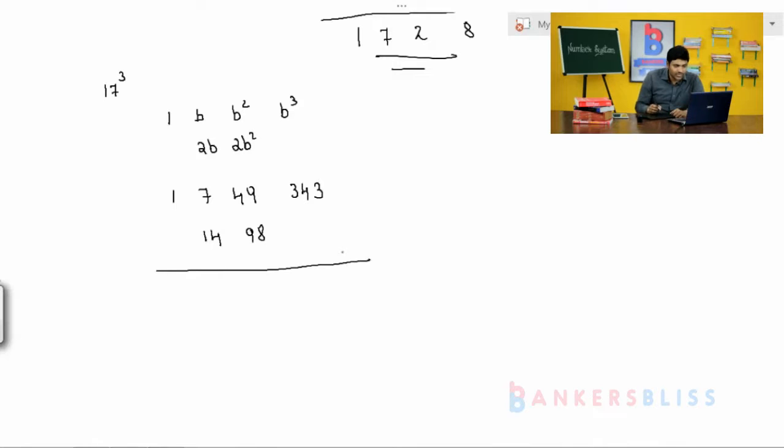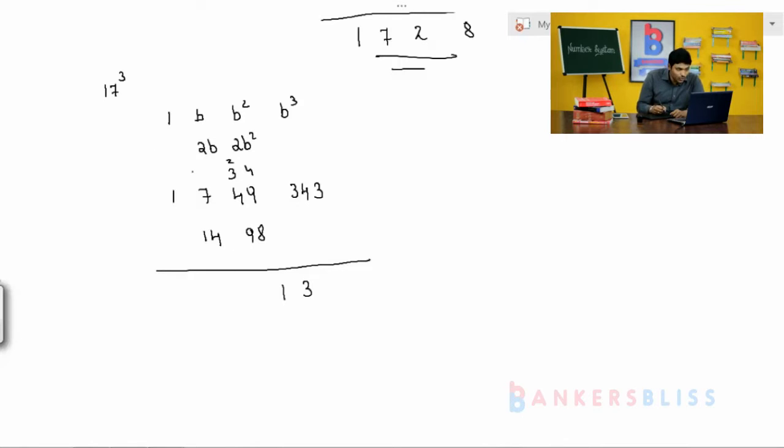So you add. See, in 343 you have to write the unit digit, that is 3, and 34 is the carryover. Next, 8 plus 4 is 12, 12 plus 9 is 21, the unit digit is 1. Again 2 carryover, 2 plus 3 is 5, plus 4 is 9, 9 plus 9 is 18.